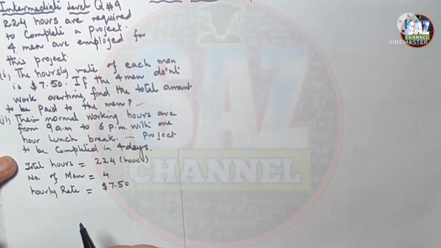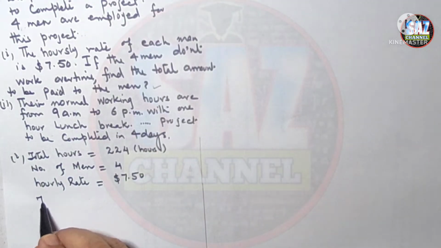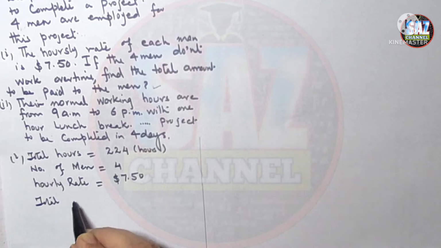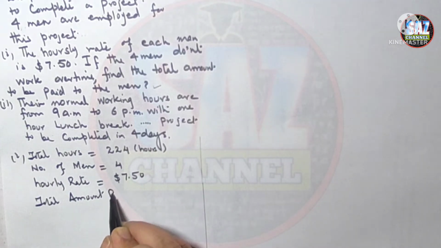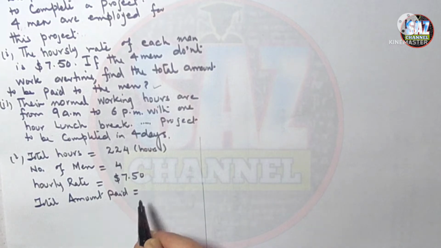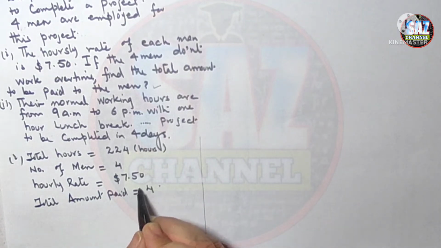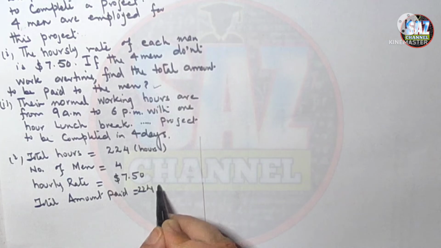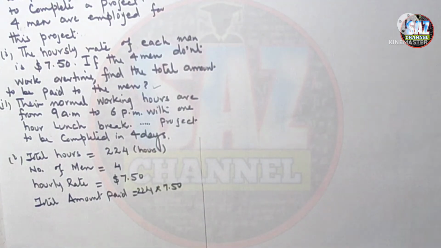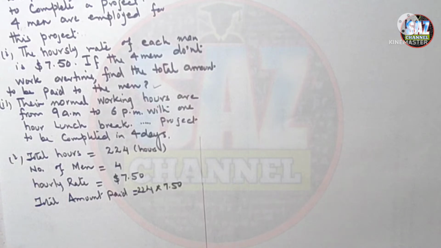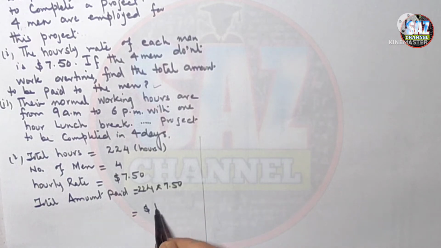So for that, the total amount paid will be equal to 224 multiplied by 7.50, and 224 multiplied by 7.5 is giving me $1680.